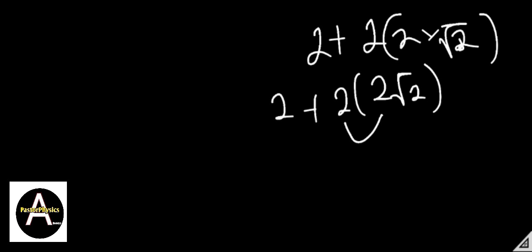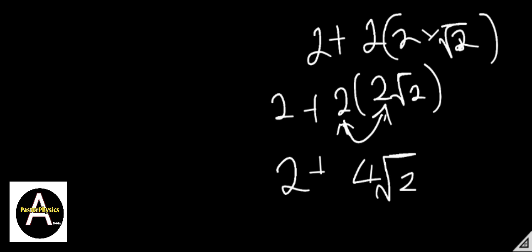Whole numbers multiply whole numbers, SURD multiply SURD. Now 2 is a whole number, then the 2 outside is a whole number. So this 2 outside cannot multiply the SURD inside. So it will only multiply the whole number. So 2 times 2 is what? 4. So this is 2 plus. Now since this is 2 times 2, that will be 4 root 2. And that is our answer, 2 plus 4 root 2.